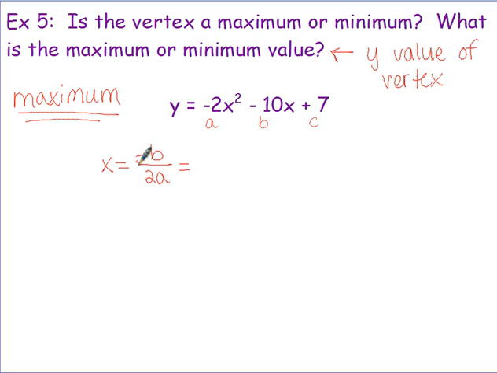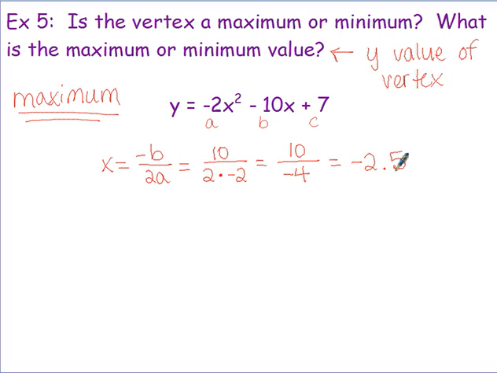Well, the opposite of -10 is +10 over 2 times A, which is -2. So we have 10 divided by, well, hopefully you know 2 times -2 is -4. And then when you pick up your calculators, 10 divided by -4 is -2.5.